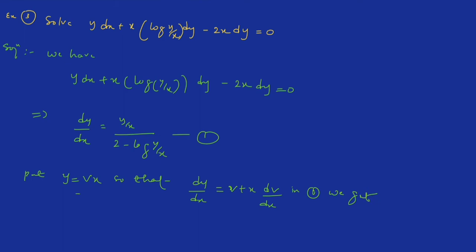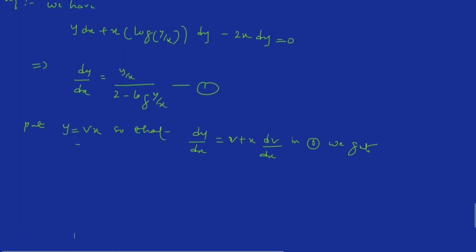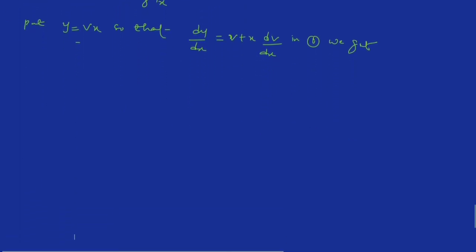After substituting, the LHS is v plus x dv/dx, which equals, since y/x is v, v divided by 2 minus log v.